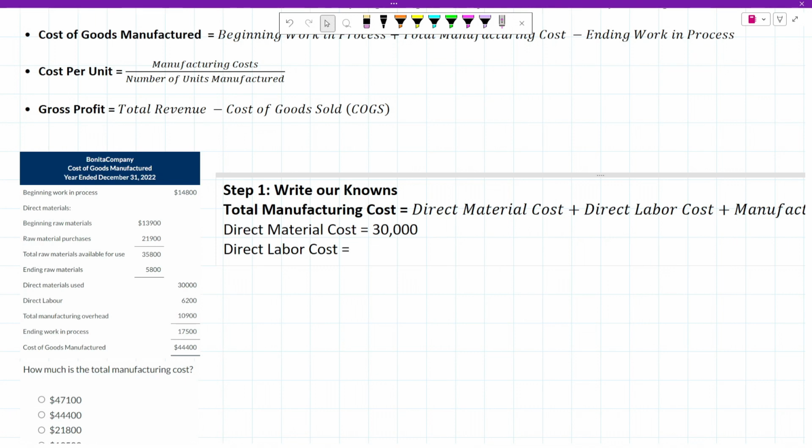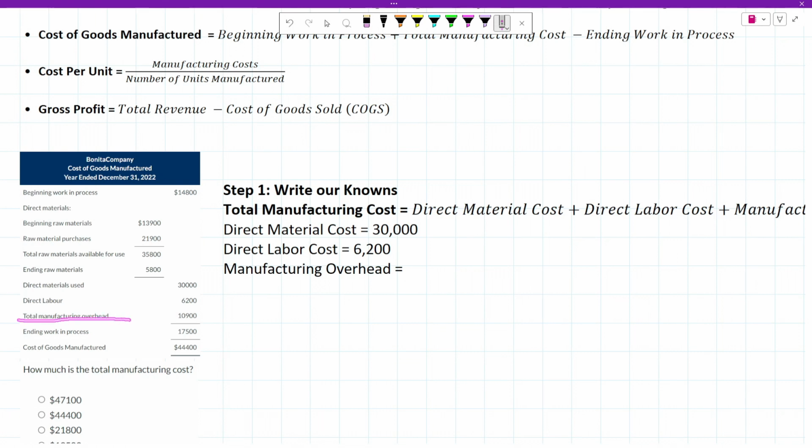Once again, looking at the Bonita company cost of goods manufactured, direct labor is 6,200. And then we have our manufacturing overhead. If we look again, we can see total manufacturing overhead is 10,900.